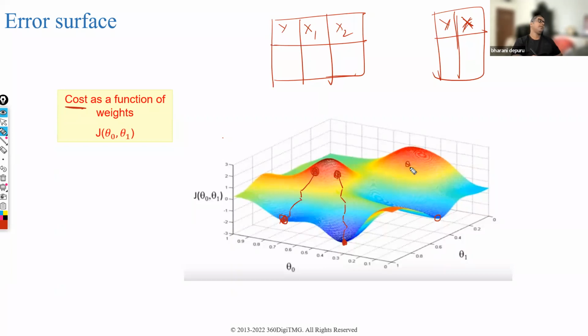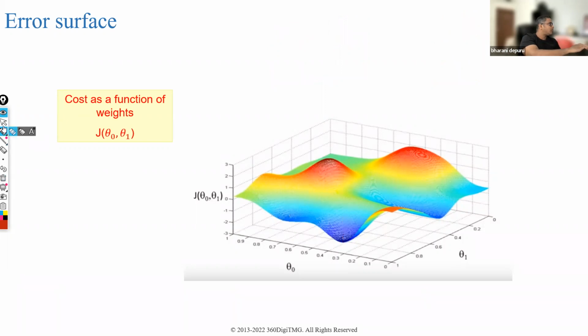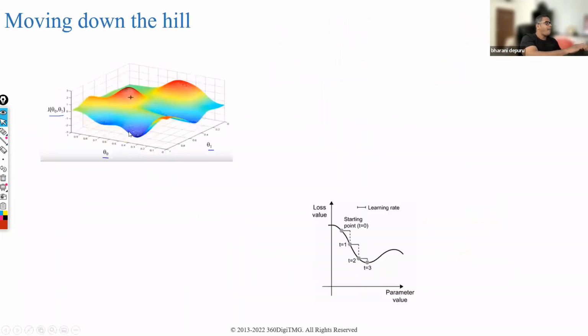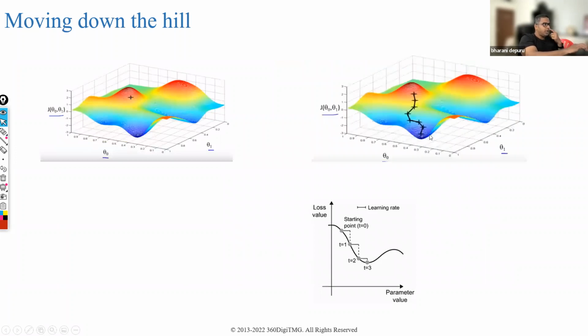If the weights are randomly assigned here, it will reach this minima. So based on where it is randomly assigned, it will reach one of these minima, which is listed down here. If it starts here, slowly it will reach here. For example, this is how it works.